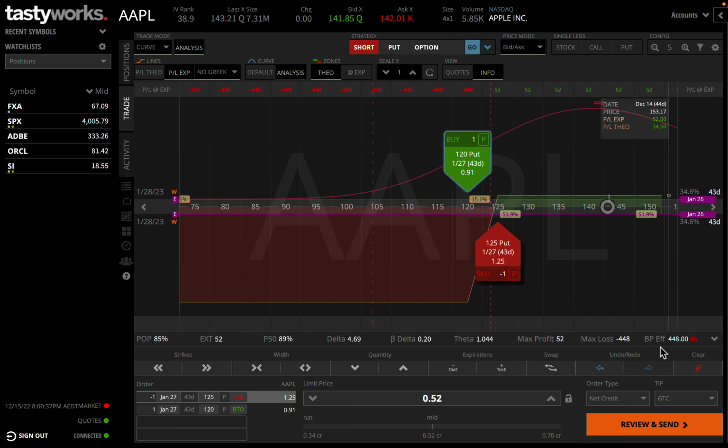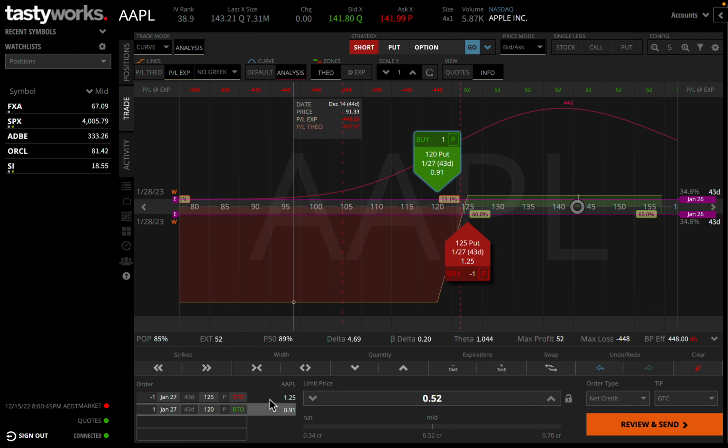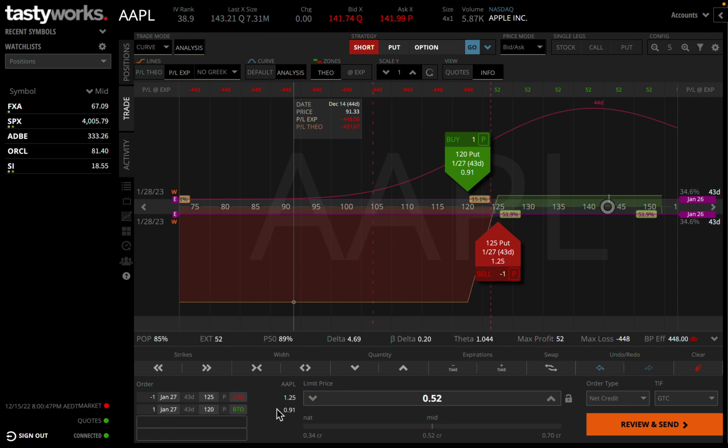You see that? Now, remember, you're trying to collect $100 on Apple, but you only got 52 here. Well, what you could do is just double your contracts. So now you've got 2 contracts. At 52 each, your profit's 104, and your buying power or your risk is 896. You see?